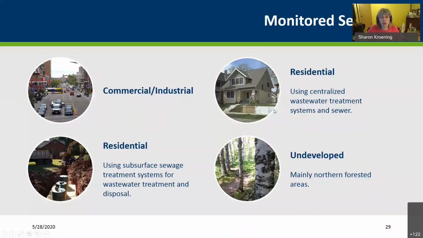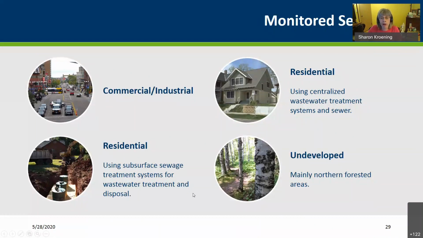And we also monitor wells in residential areas, including residential areas that use centralized wastewater treatment systems and sewers, and also residential areas that rely on subsurface sewage treatment systems for their wastewater disposal.